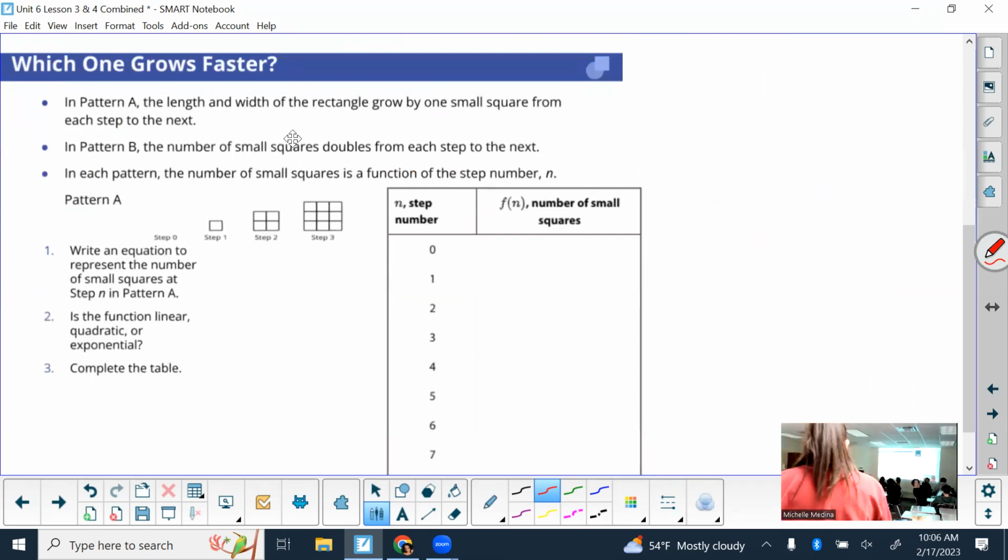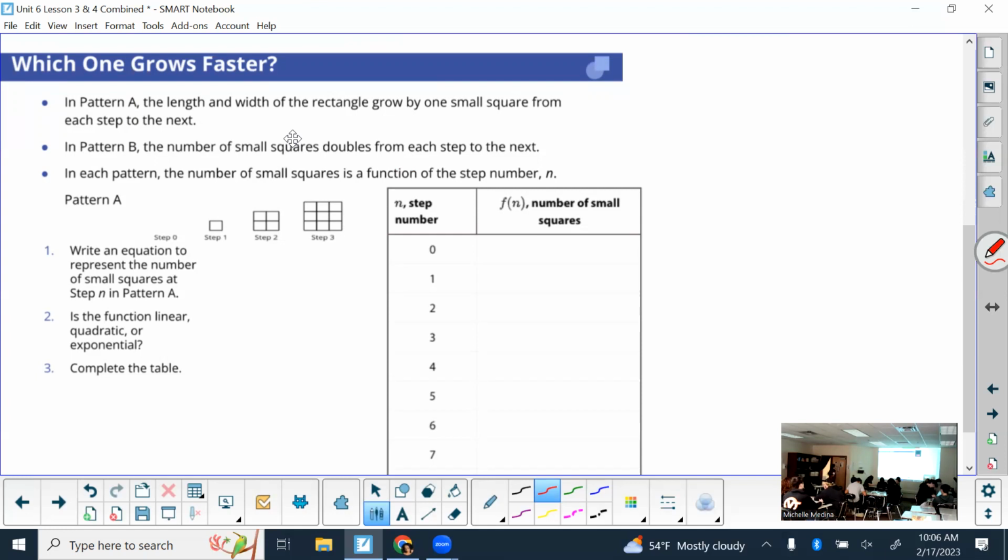All right, but now we're on this activity. So which one grows faster? Pattern A, which is pictured below, the length and width of the rectangle grow by 1 small square from each step to the next. In pattern B, the number of small squares doubles from each step to the next.